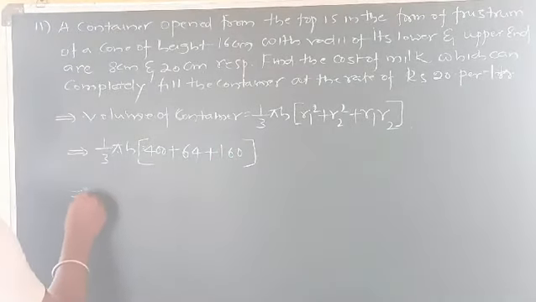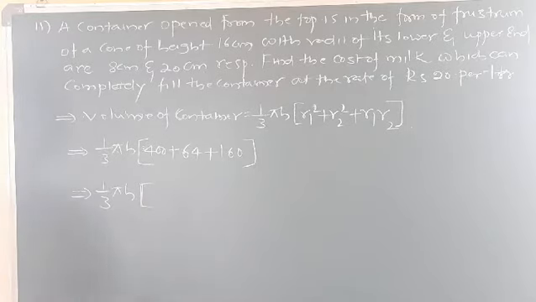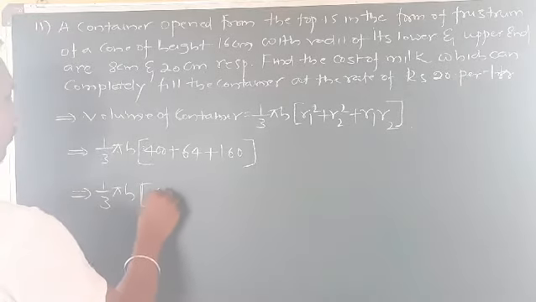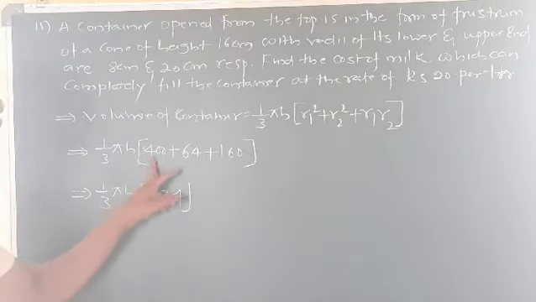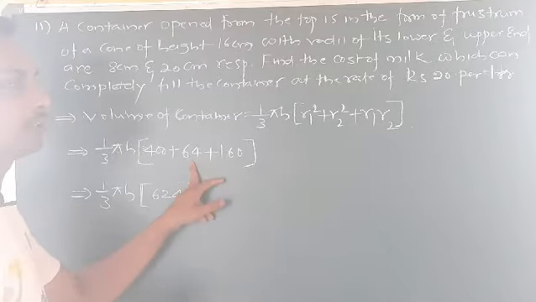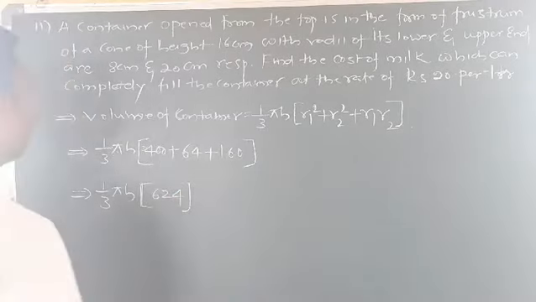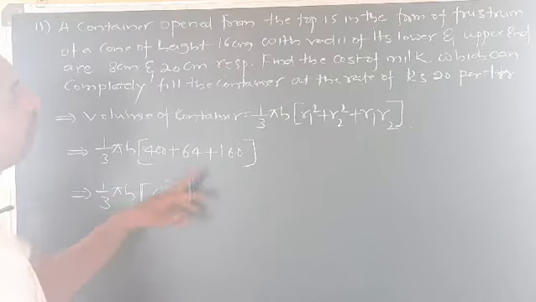Next, again 1 by 3 pi into h as it is. Now 400 plus 160 is 560, plus 64 is 624. Now that we have this, the height we have is 16.